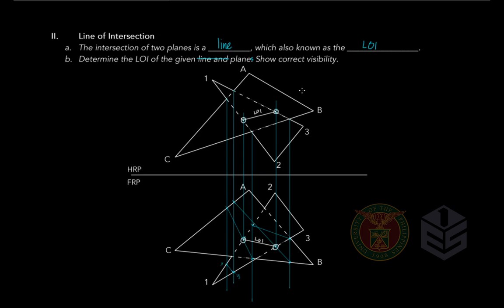Now that we've found the LOI, we need to show the correct visibility. So I'll check the correct visibility for HRP first. We already have the projection lines, so this becomes infinitely easier.